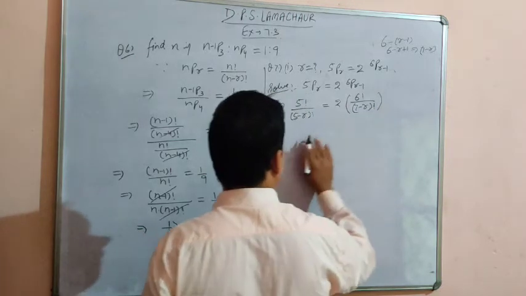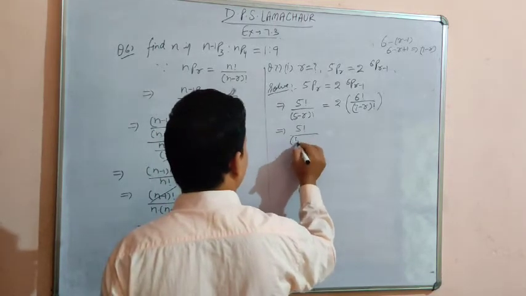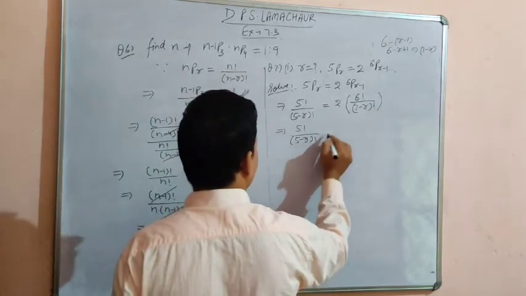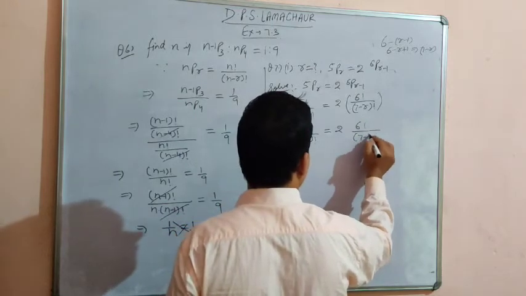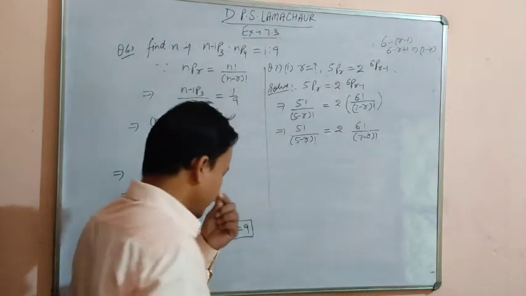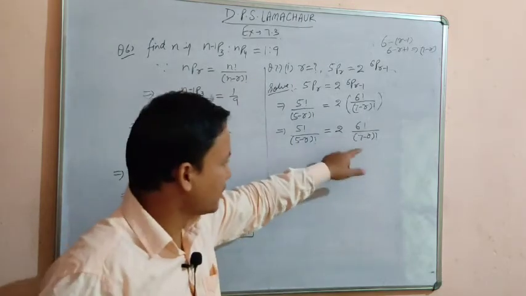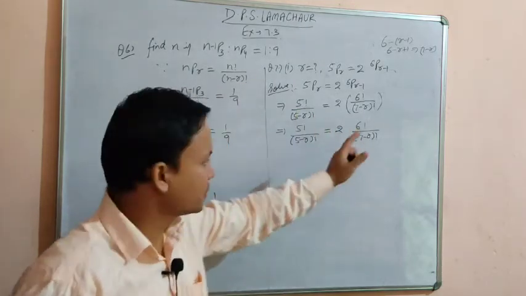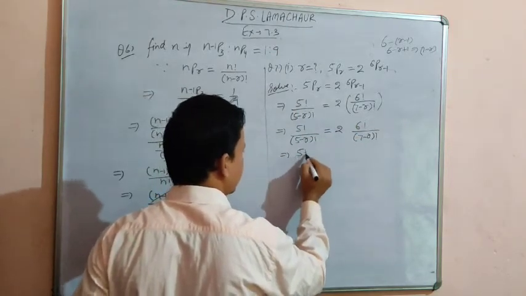Now see, 5 factorial upon (5 minus r) factorial equal to 2 times 6 factorial upon (7 minus r) factorial. Compare both sides to see which number is greater; the number which is greater we have to reduce. In 5 and 6, 5 is less, so remain as it is.